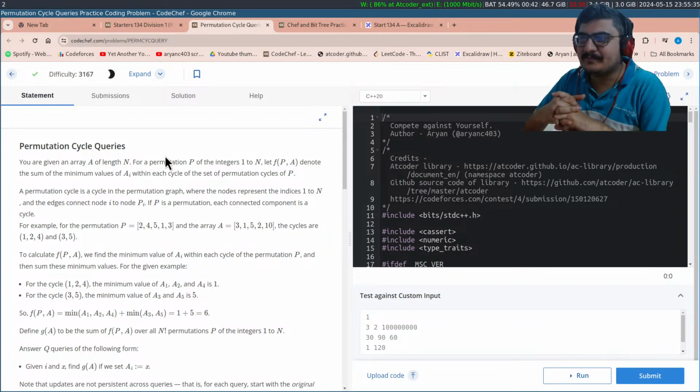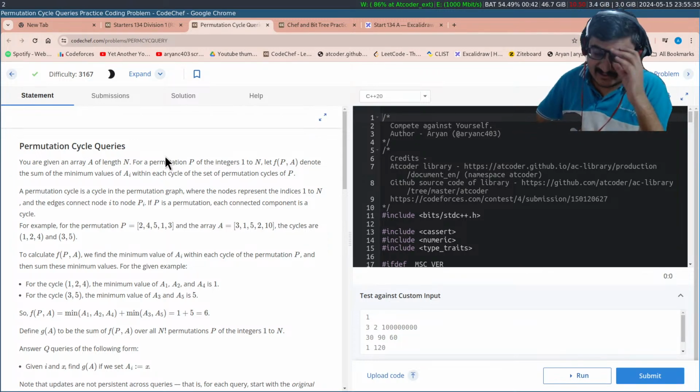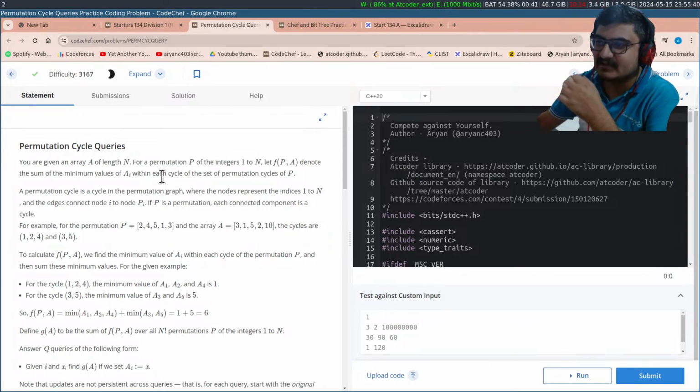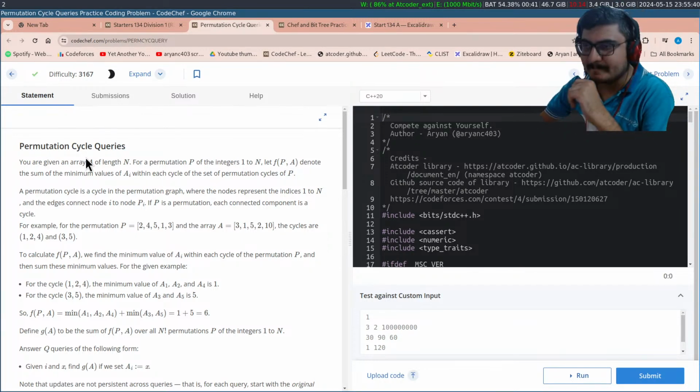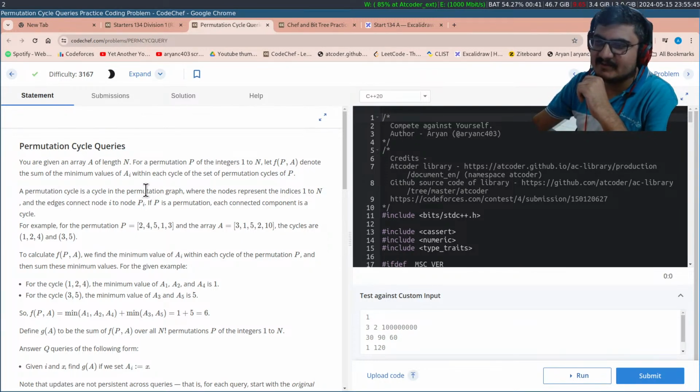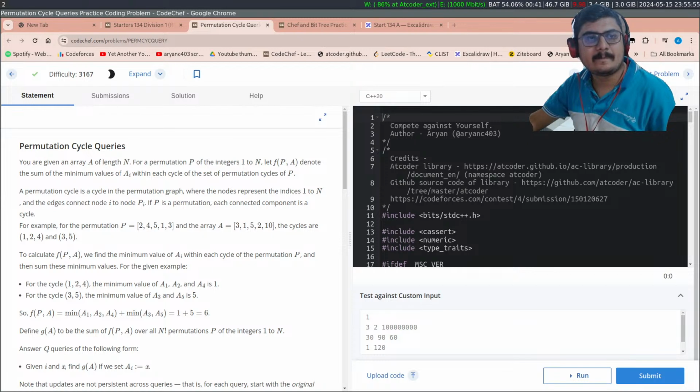Let f(P, A) denote the sum of minimum values of A[i] within each cycle of the set of permutation cycles of P. A lot of definitions are there. A permutation cycle is a cycle in a permutation graph where each node represents an index from 1 to n and there is an edge connecting i to P[i]. If P is a permutation, each connected component is a cycle. Some examples are given to us.